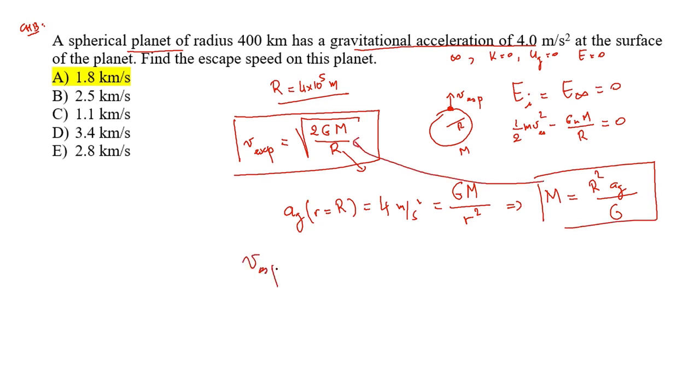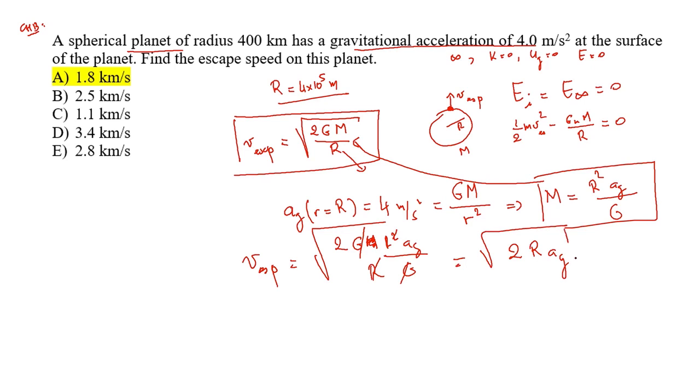So v escape is the square root of 2GM. Now M I will replace by its value, of course, R squared a_g divided by G, and then here I will have another R. Of course, the G goes away. This R and this R simplify, and I have just my escape speed, which is the square root of 2 times R a_g.